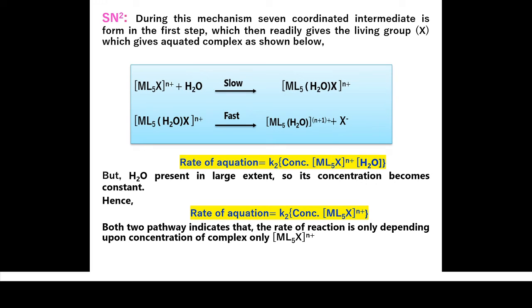Okay students, so let's move towards the factors. The mechanism of acid hydrolysis may be affected by some factors which are given below, and let's discuss those factors one by one.